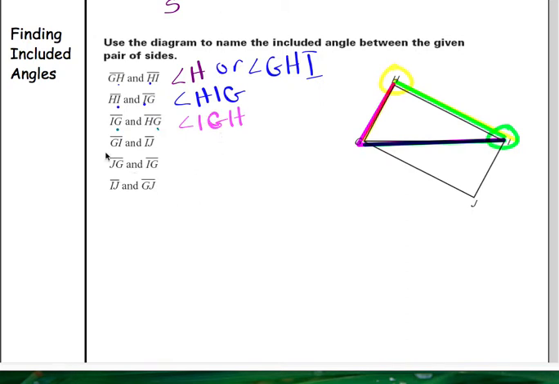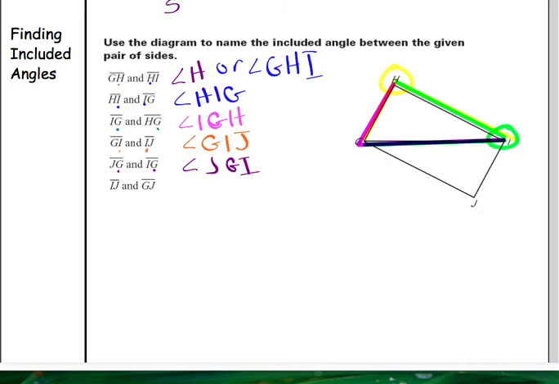On to the next one. This one has I repeating. So GI, IJ should be angle GIJ or angle JIG. The repeating one should be in the middle. Let's look at the next one. JG, IG. G's repeat. Angle JGI, or angle IGJ.